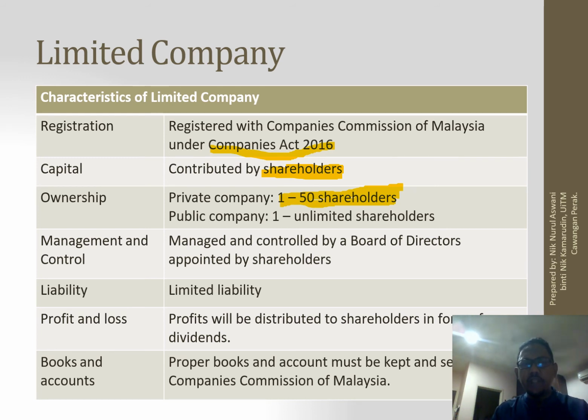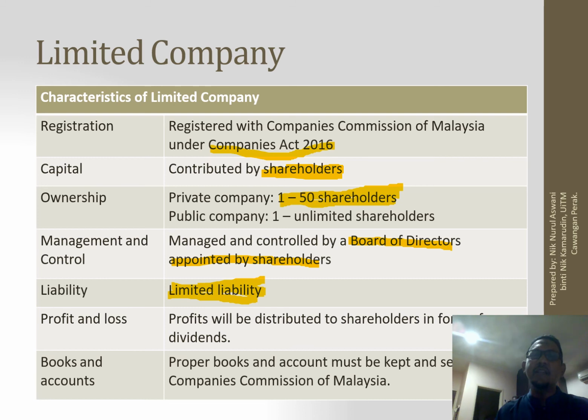Okay, it is managed and controlled by the board of directors, appointed by shareholders. Normally the board of directors are the majority shareholders. Liability is limited to the number of shares held. If the business doesn't have enough money, the creditors cannot claim the owners' or shareholders' assets.